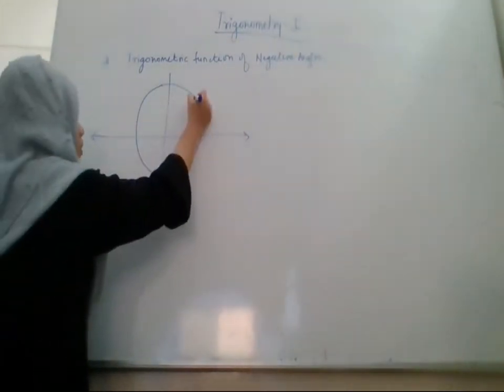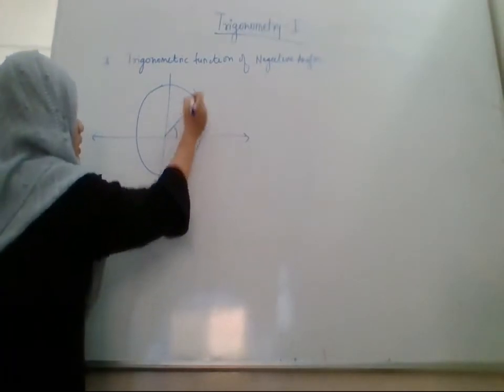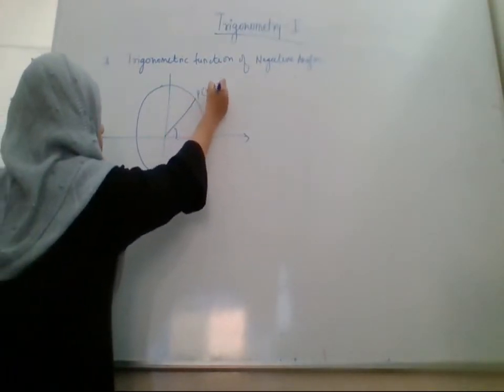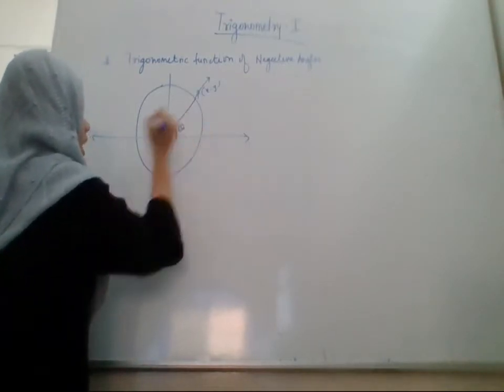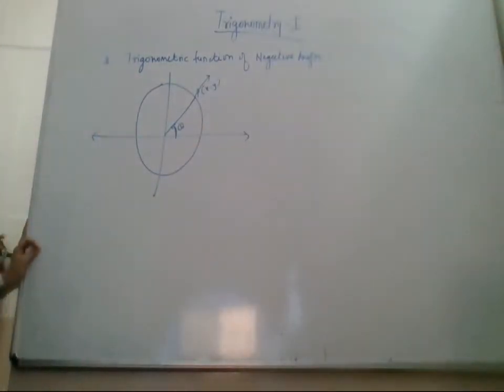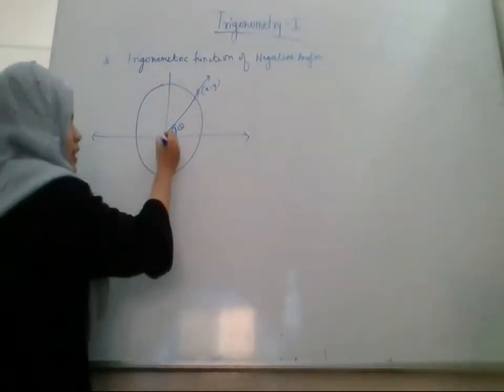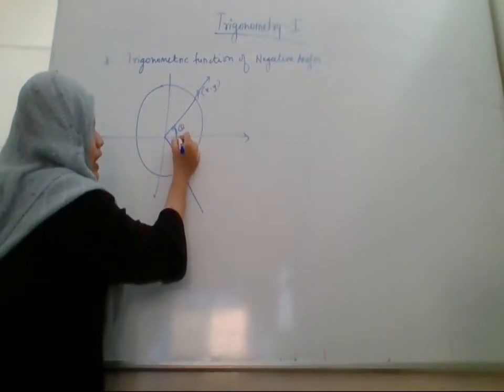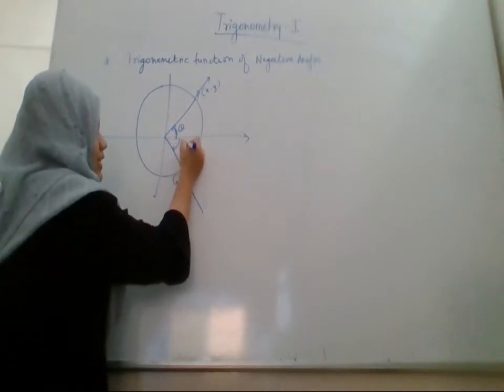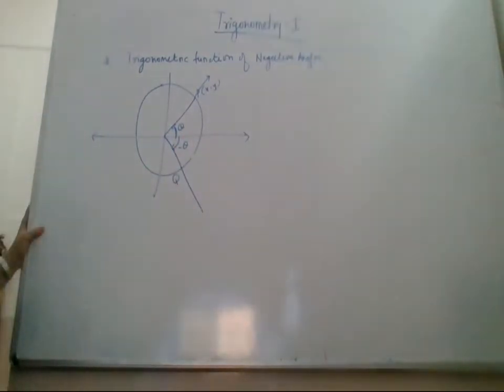Suppose this is your point P on the terminal arm of this angle theta, in such a way that if you take a point Q, it will give you the angle minus theta.